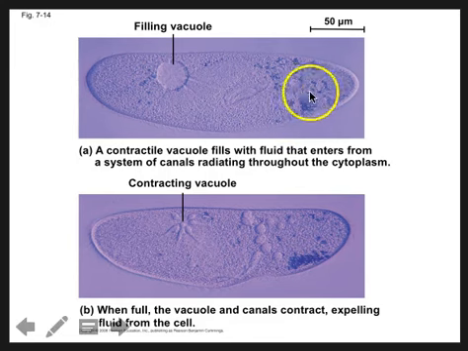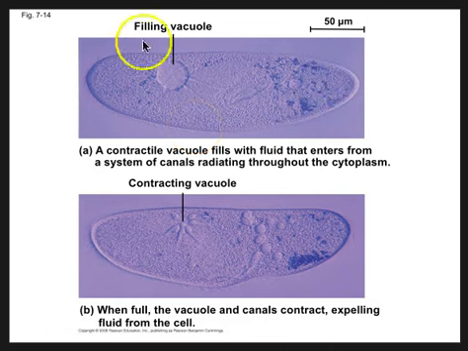Here's your image. As water comes into this paramecium, it gets filled into a very specialized organelle called a contractile vacuole. It fills and it fills and it fills, and that contractile vacuole will expand within the paramecium. When it gets full enough, that vacuole contracts and expels that water out of the cell.